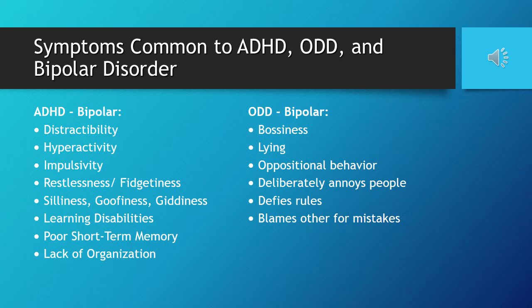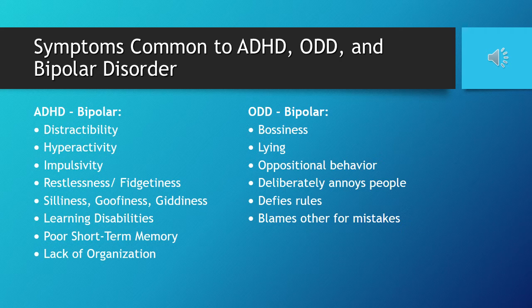There is some overlap that makes it difficult to distinguish a few of the emotional and behavioral disorders from bipolar disorder. For example, it's sometimes difficult to differentiate between ADHD and bipolar disorder, because in both there is distractibility, hyperactivity, impulsivity, restlessness, silliness, learning disabilities, poor short-term memory, as well as lack of organization.